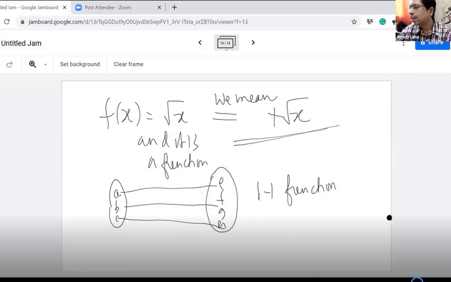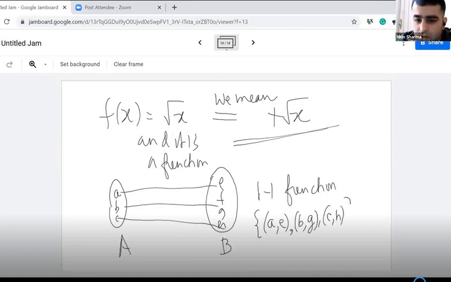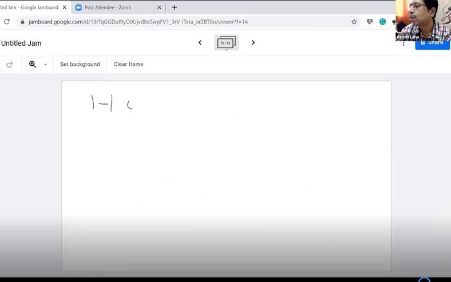In set theoretic language, every element in the domain occurs exactly once as the first element of this subset of A cross B, and all the second coordinates are unique. A one-one function is also known as an injection.